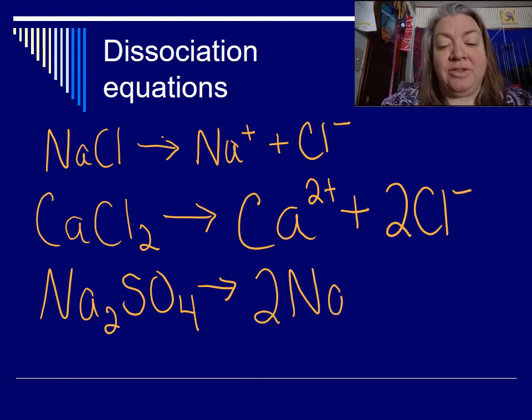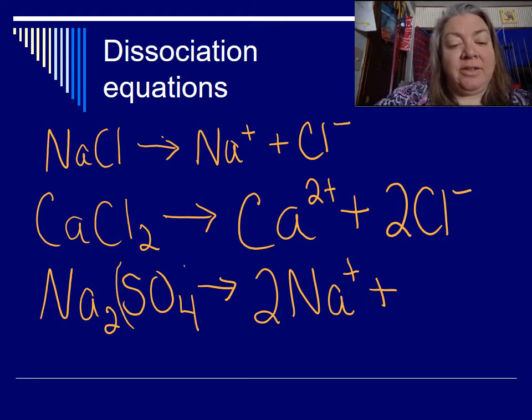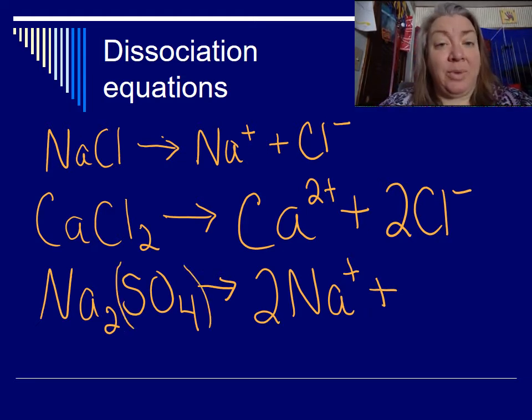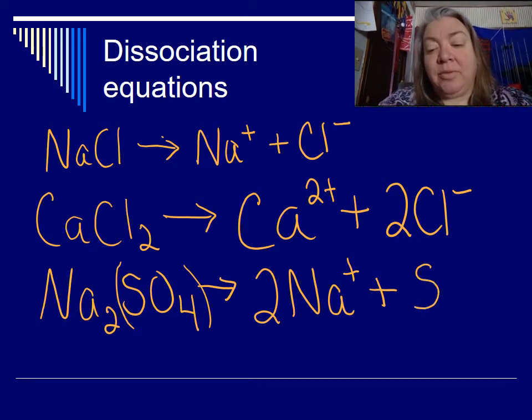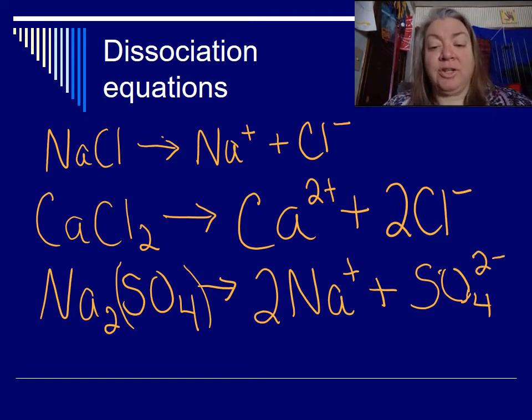So I'm going to say 2Na+. Now sulfate, remember just based on how we name it, it's actually a polyatomic ion. And so polyatomic ions like to remain intact, meaning that it wants to stay as SO4. That part doesn't want to break up. So I'm going to write SO4. Remember, sulfate means it has a sulfur and 4 oxygen, and that has a negative 2 charge.